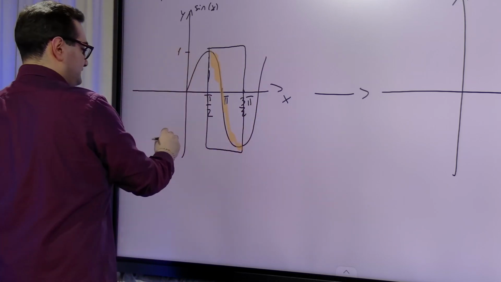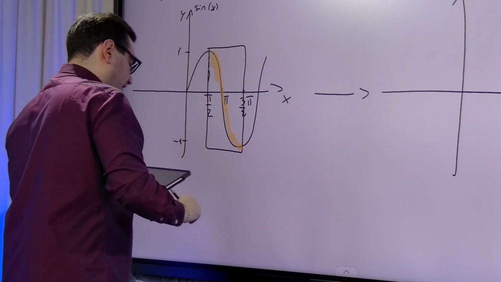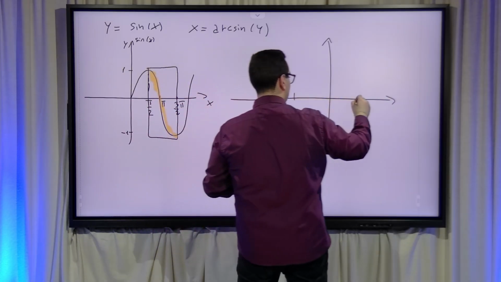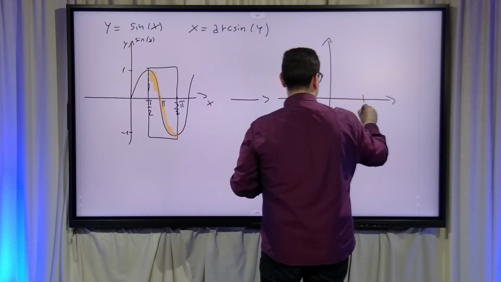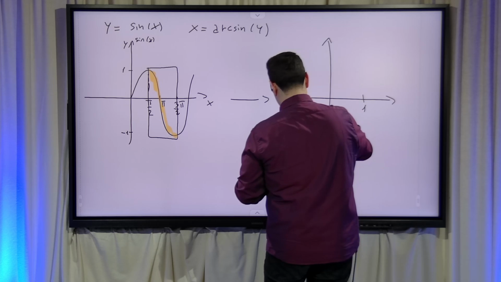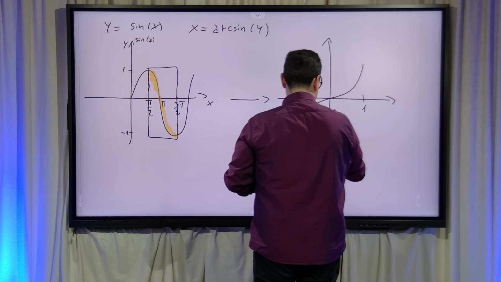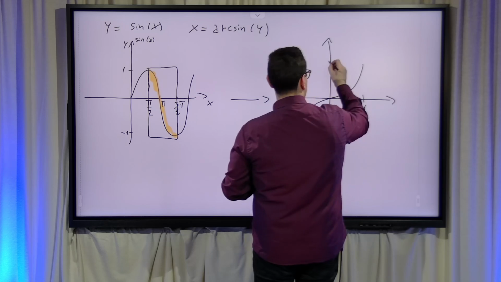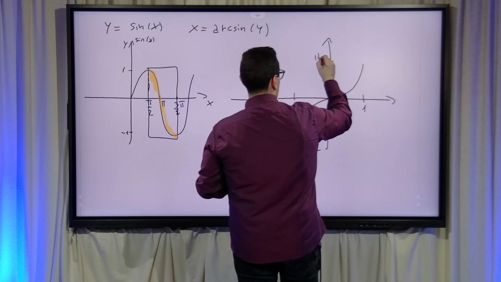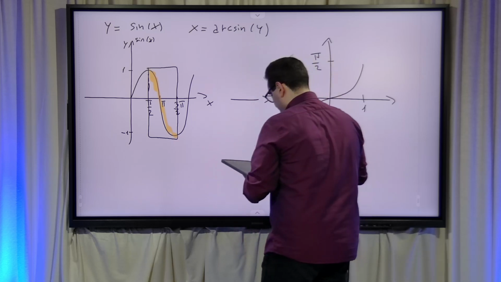So this is 1, this is minus 1. I can say that the arcsine is this one, where we have minus half pi and we have half pi.